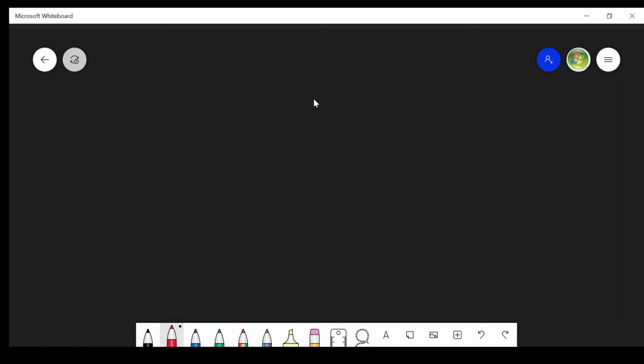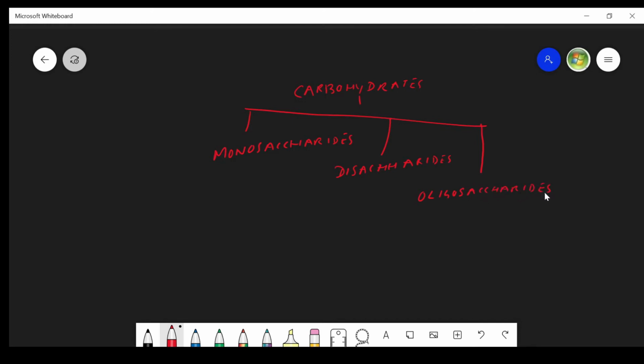Now let us classify carbohydrates. Carbohydrates can be classified into monosaccharides, then we have disaccharides, then we have oligosaccharides, and finally we have polysaccharides.